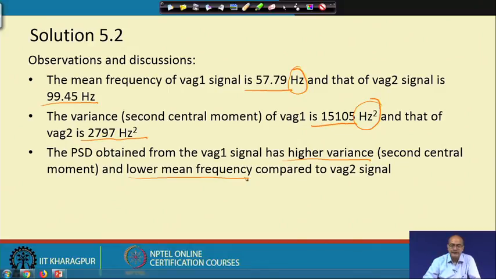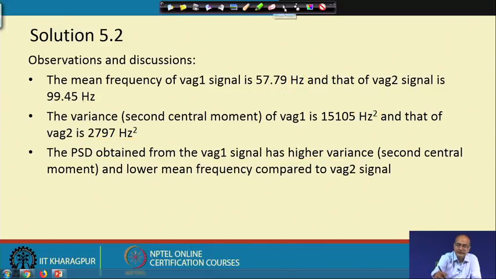Okay. So, that is the trade-off we get. The first signal VAG 1, the mean is small, but the variance is much higher compared to the second signal.